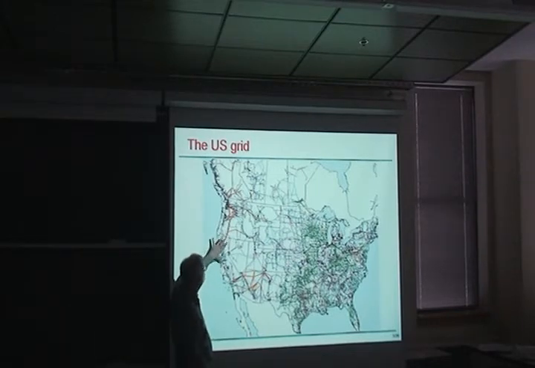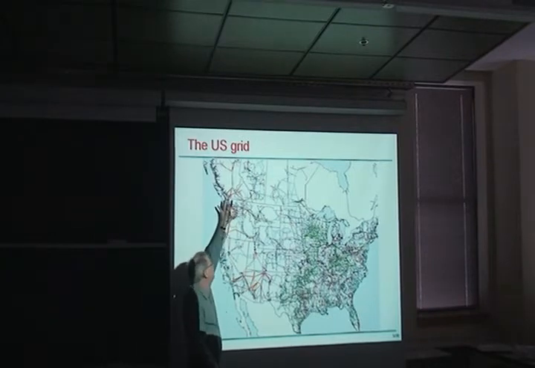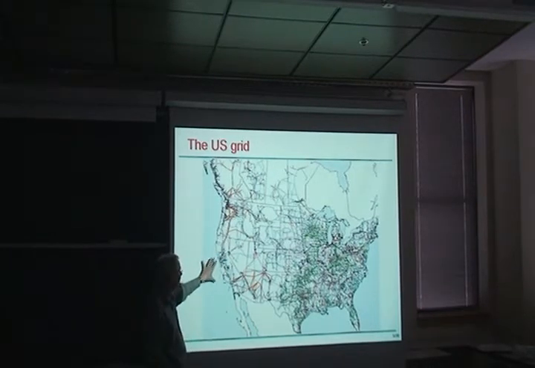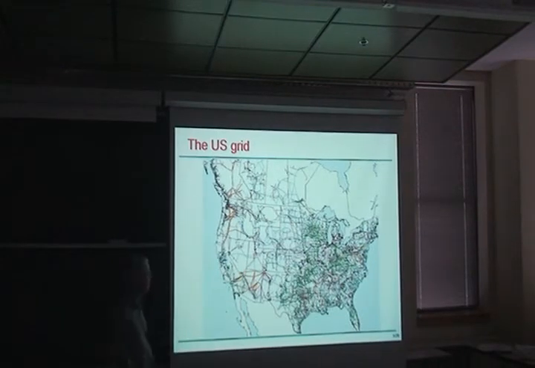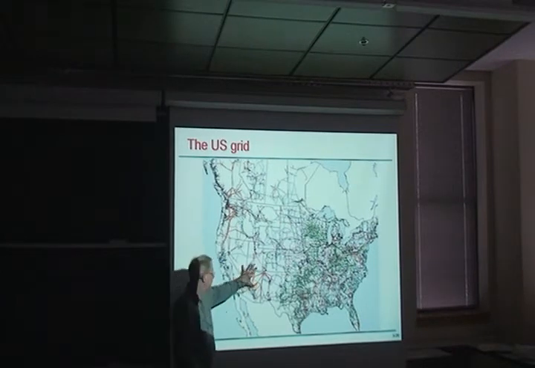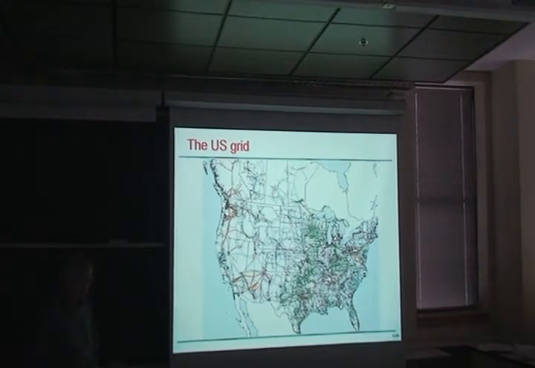In the west, there's large lines bringing cheap hydro down to California, where there's a sizable market, and then there's actually lines across. There's coal over here, so there's a good deal of transmission from the coal resources as well.